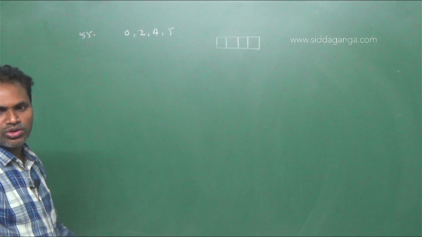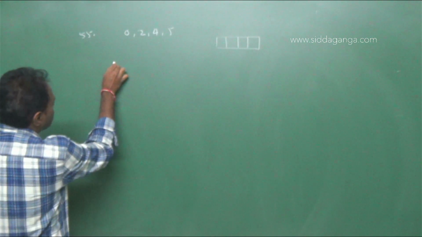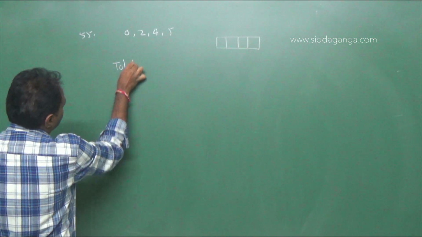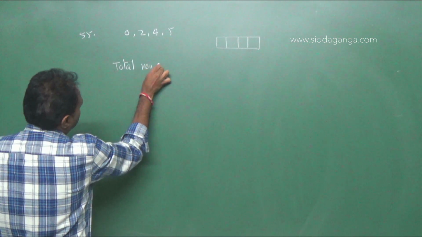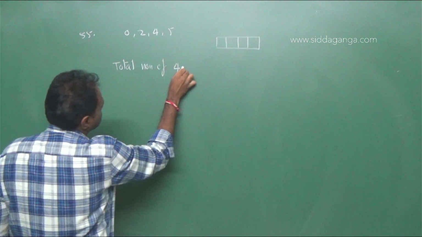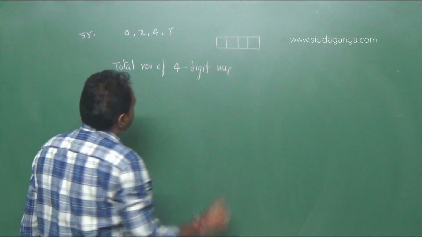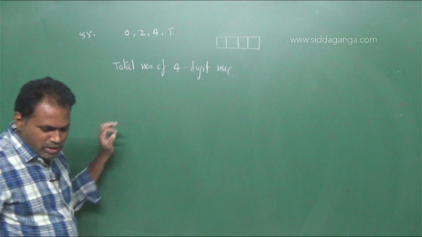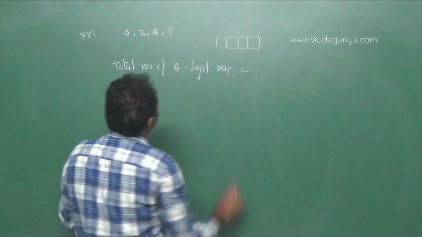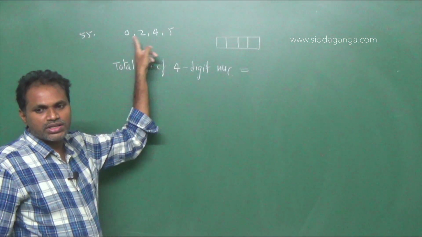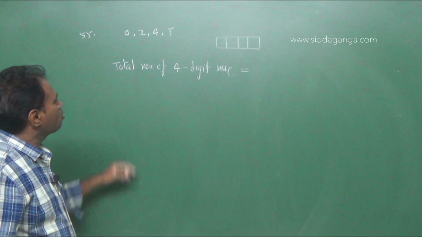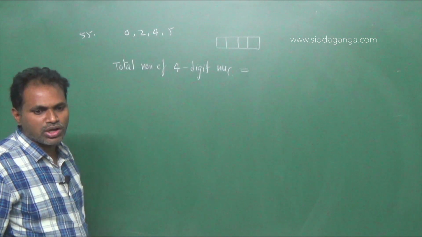First you find the total number of 4-digit numbers. Here you observe the given 4 digits are 0, 2, 4, 5. In these 4 digits, 0 is one of the digits.